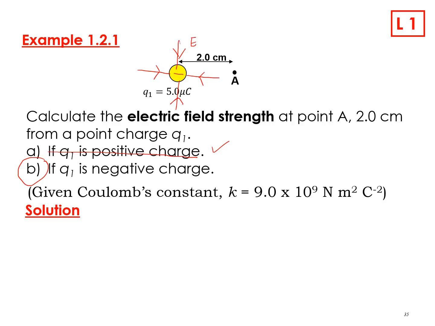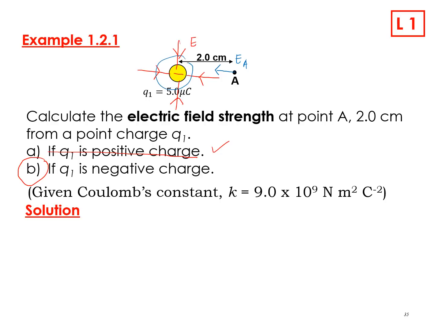Therefore, I use another color. This is the direction of E at point A if the point charge is negative.